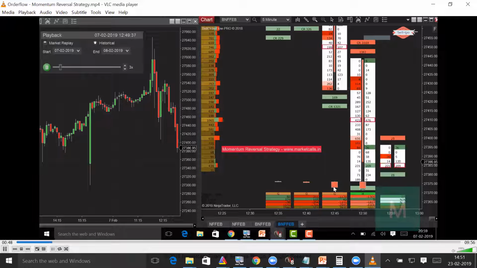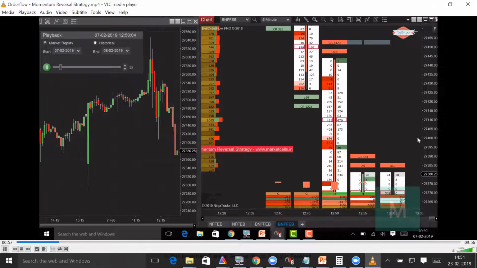I mean, the day's low, just nearing the day's low. You see the volatility of the candle. The volatility of the candle is really big.